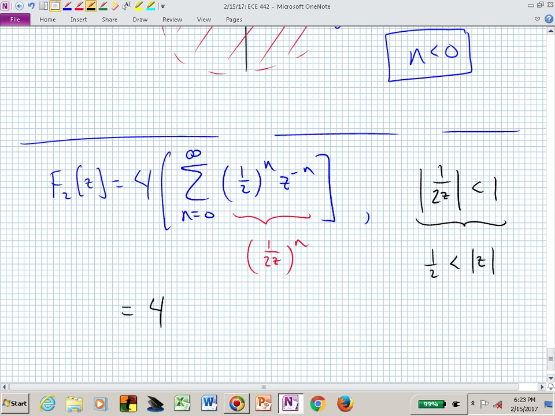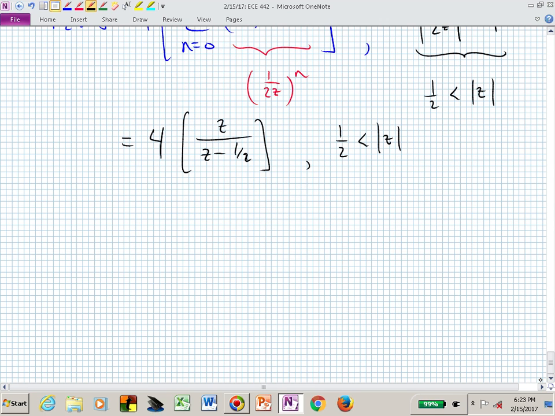It's now 1 over 1 minus the common ratio, which if we clean things up, will be z over z minus 1/2. And that's true as long as the absolute value of z is larger than 1/2.